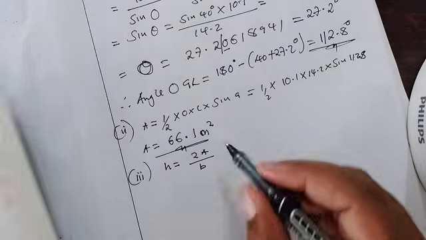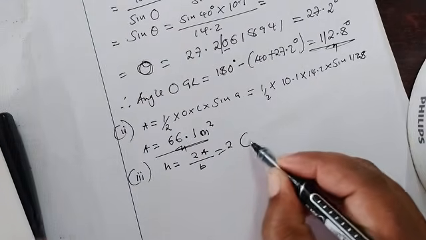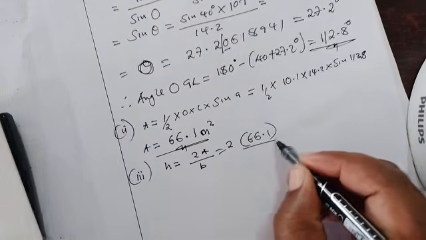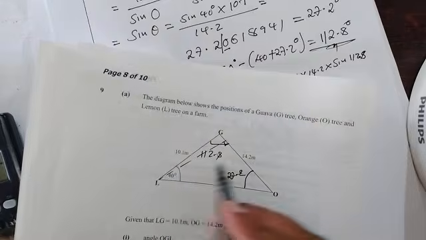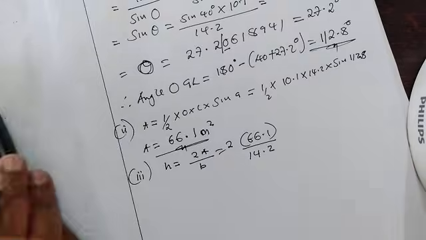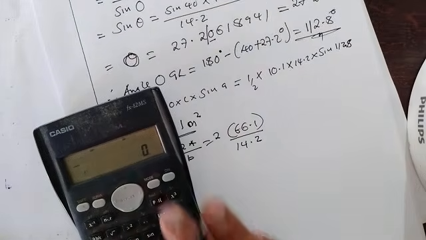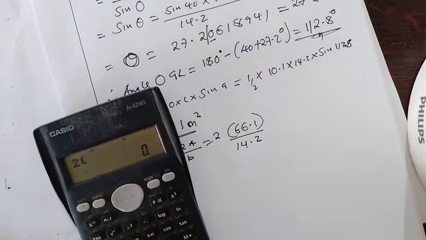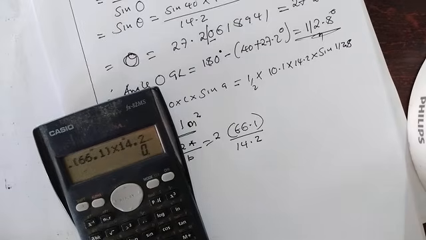So say 2 open bracket 66.1 divided by our base, which will be 14.2, right? Then get your calculator. We want to say 2 open bracket 66.1 close bracket, take note here, this should be the case.